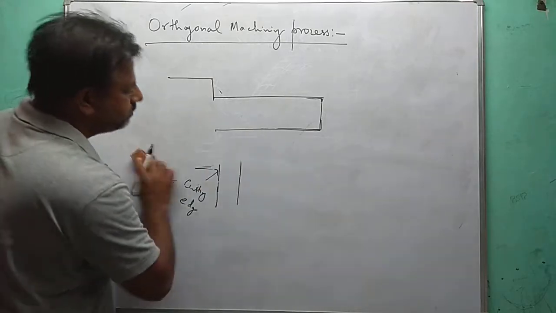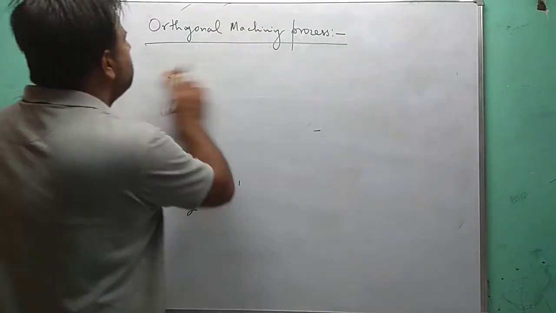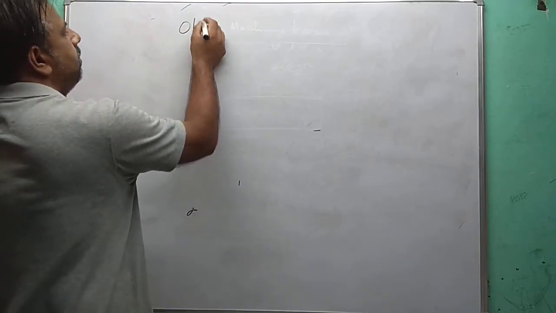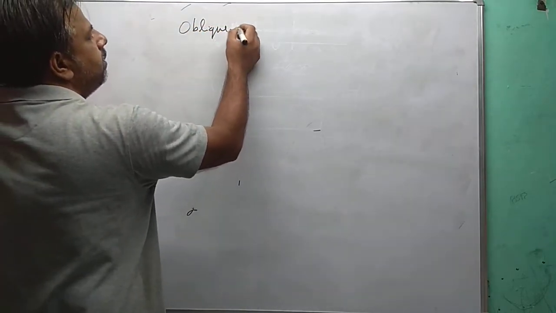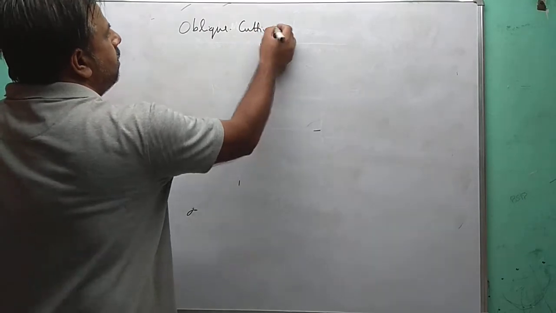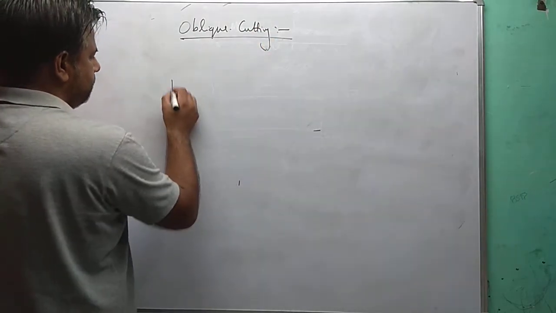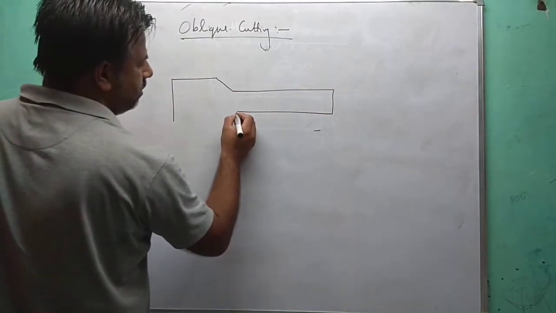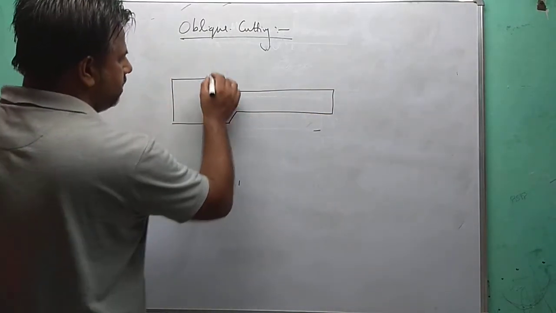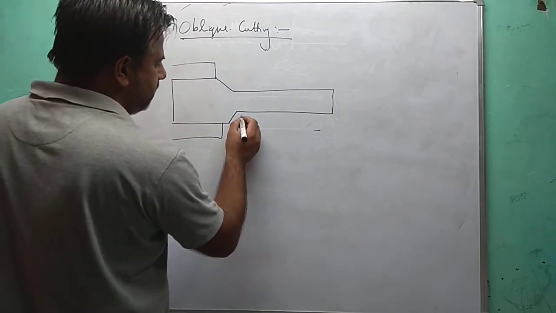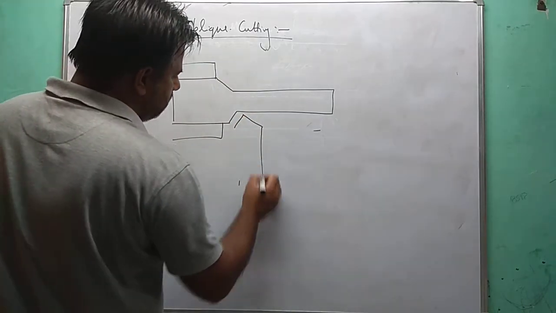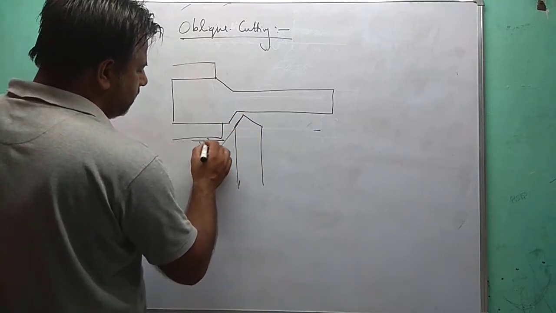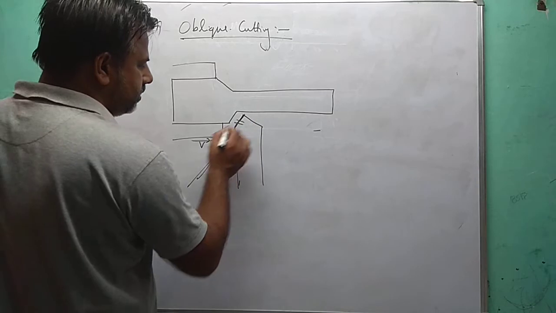In oblique cutting, suppose this is the workpiece like this in 2D. This is my cutting holding device, and this is the single point cutting tool. Here this is my relative velocity v, and this is the cutting edge.